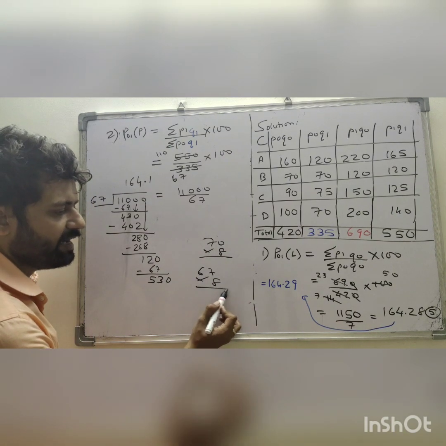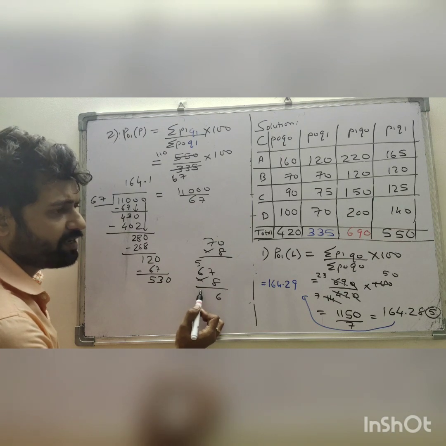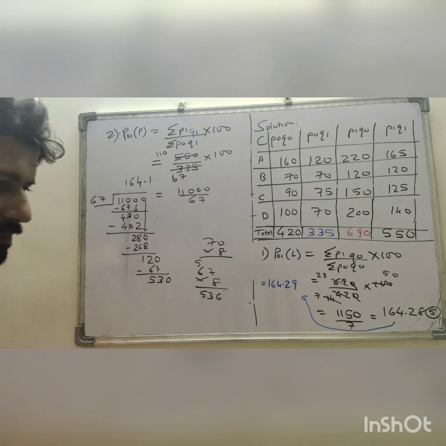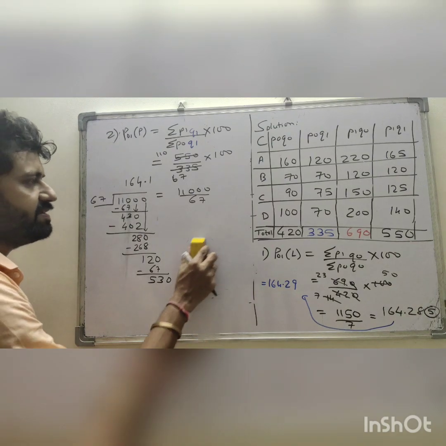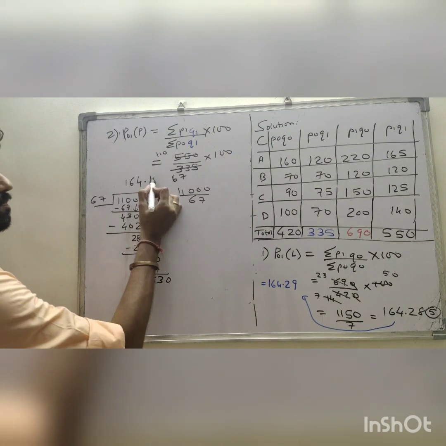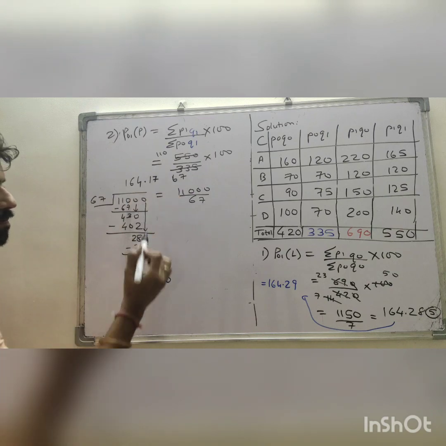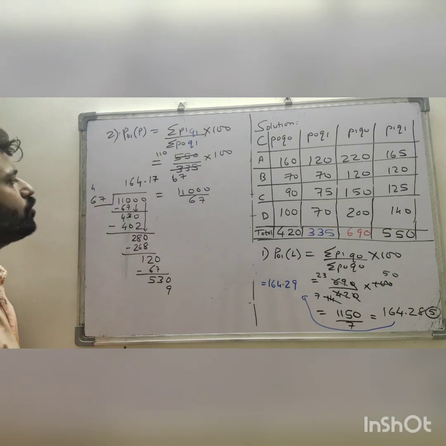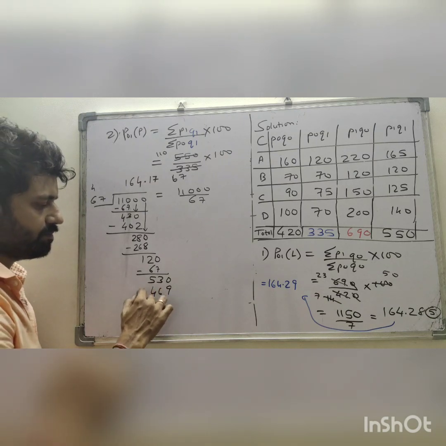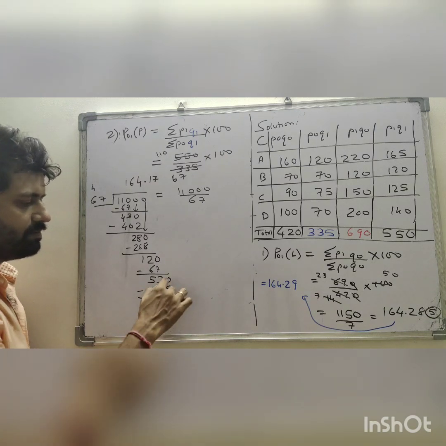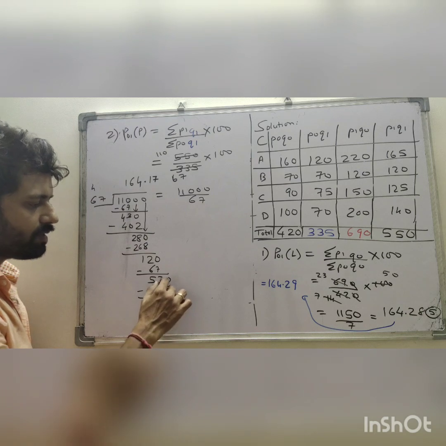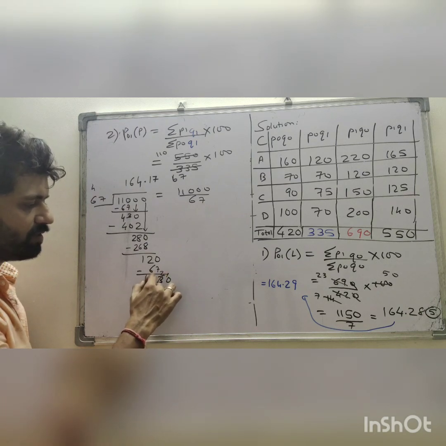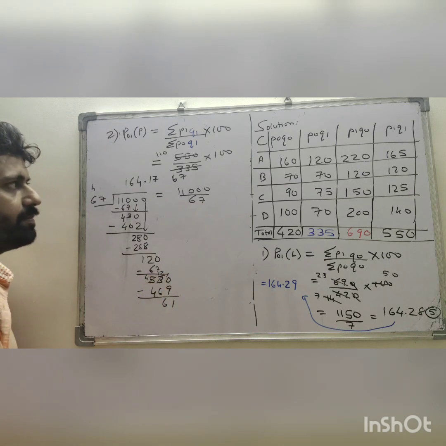Let's check with 8 also. 8 sevens are 56, 8 sixes are 48, 48 plus 5 is 53. That will be bigger. So we will use 67 sevens. 7 sevens are 49, 7 sixes are 42, 42 plus 4 is 46. 9 plus 1 is 10, 7 borrowed, 12 minus 6 is 6, so 61 is the remainder.